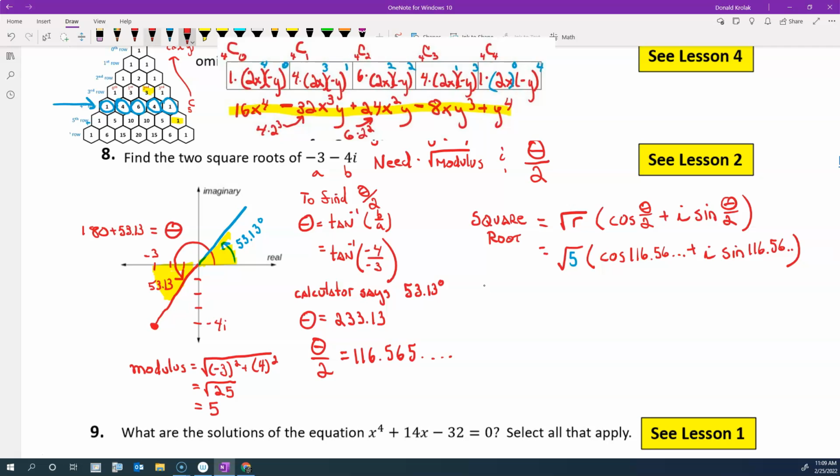And then you multiply those out. So I'm going to multiply the first two, plus, and then I'm going to multiply the second two, i root 5 times sine.